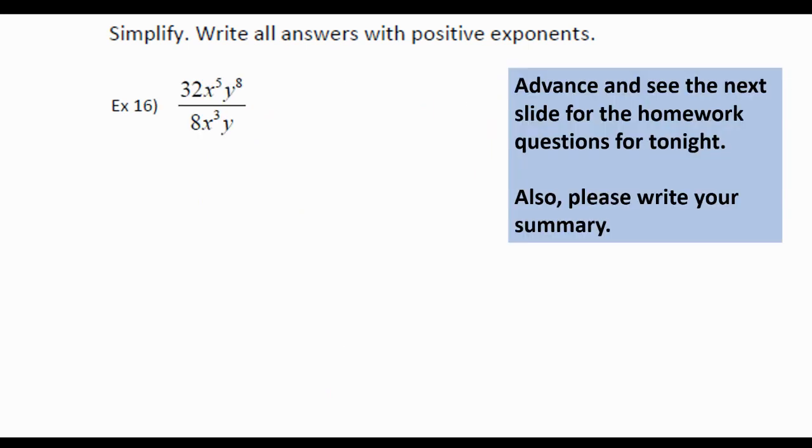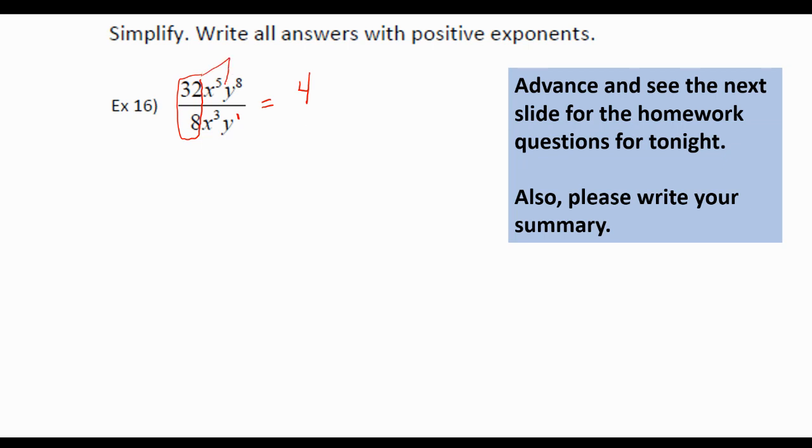Okay, last one. So piece by piece, this one's a little easier because we don't have any negative exponents, but there is a hidden 1 on this exponent. So one piece at a time, 32 divided by 8, that's 4.